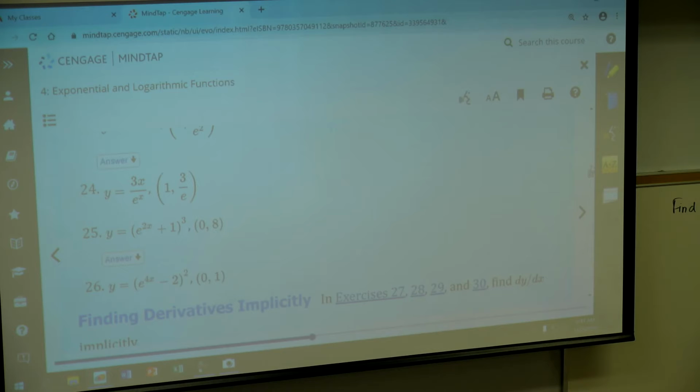Negative 8 times 0 is just 0, so I'm not going to put that in there. Move the 1 to the other side, we have negative 8x plus 1. Good? And that is the line that is tangent to the function at the point (0, 1). Are we clear?